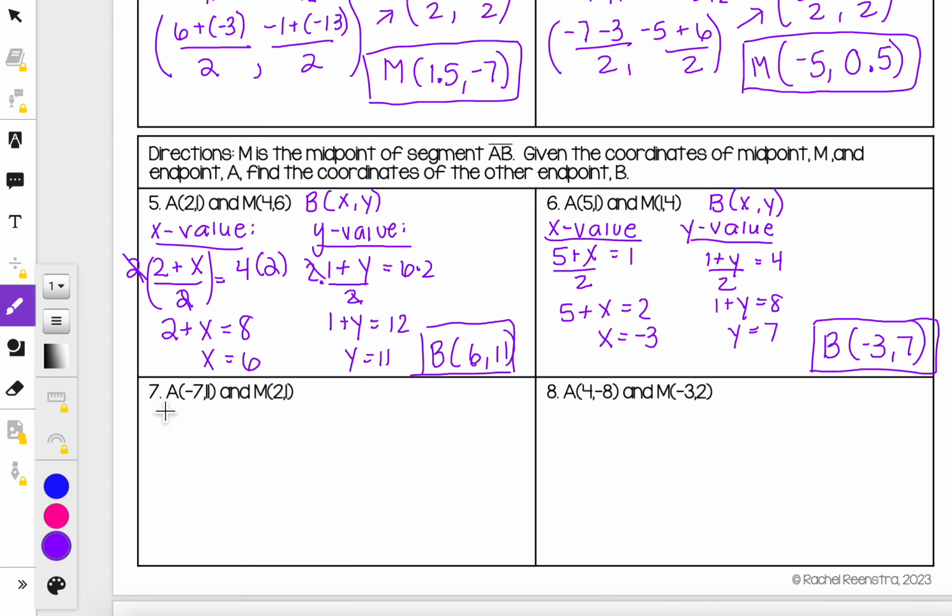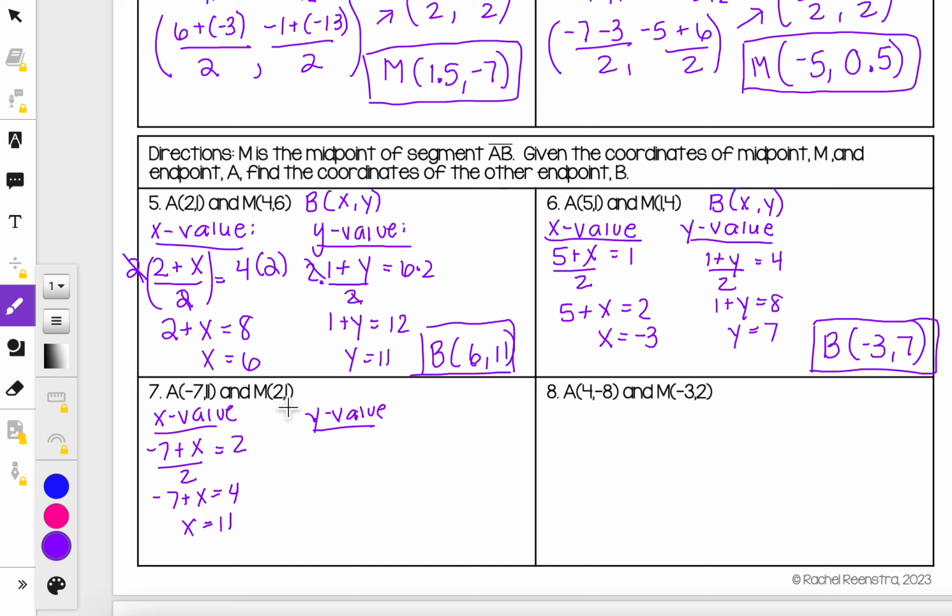Moving along, I have my x value, my y value. So -7 plus x divided by 2 is going to be 2. So my x coordinate here is 11.